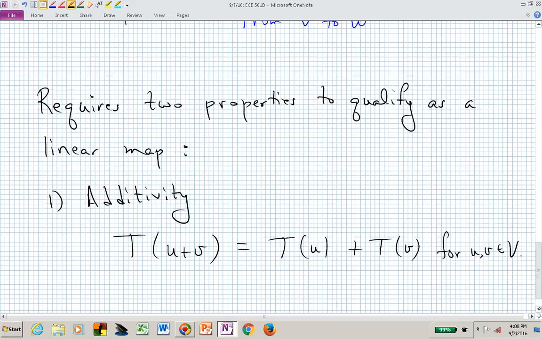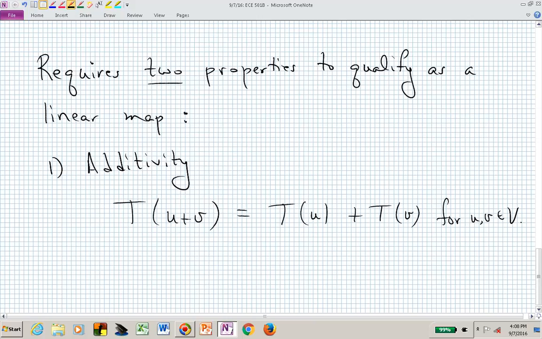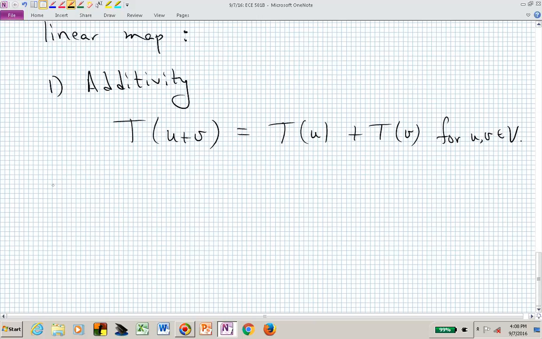That's one of the two properties, additivity. The second property is homogeneity.